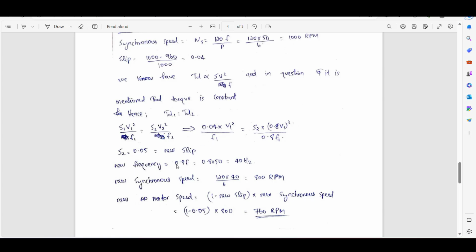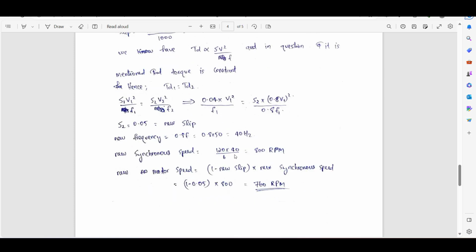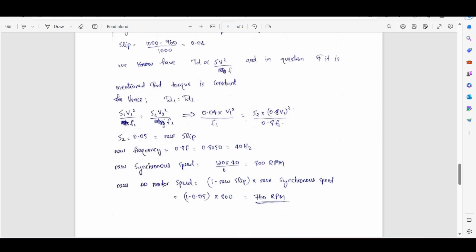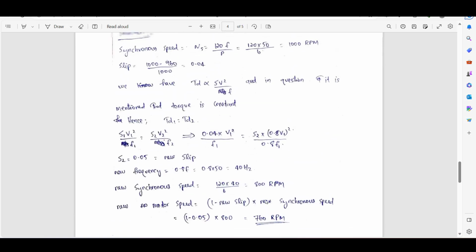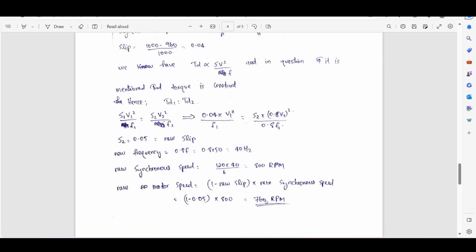So the new frequency is 0.8 into F, that is 40 Hertz, and the new synchronous speed is 120 into 40 by 6, that is 800 rpm. So now we have the new slip and the new synchronous speed. From there we can have the new rotor speed, that is (1 minus new slip) into new synchronous speed, which is (1 minus 0.05) into 800, which is equal to 760. So this is how we can reach this answer.